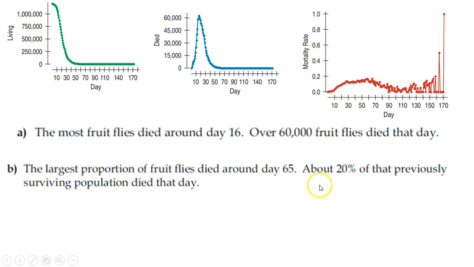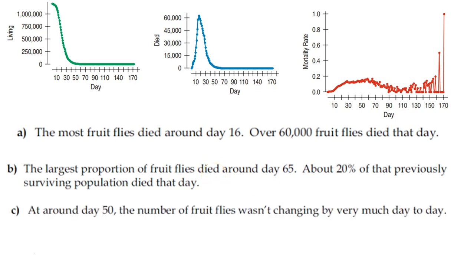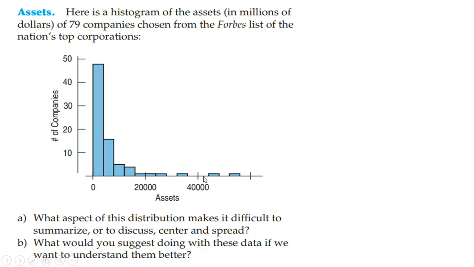But trying to see the largest proportion of fruit flies that could have possibly died that day. And then around day 50, the number of fruit flies wasn't changing by very much day to day, right? By 50, everything started to kind of dwindle out, as well when you're looking at those.